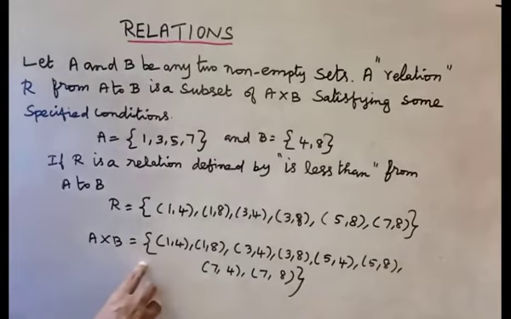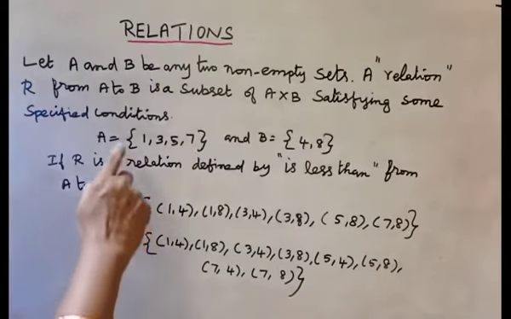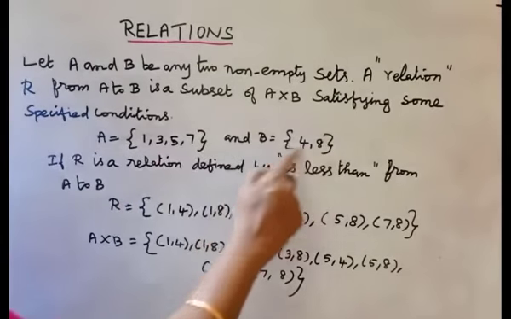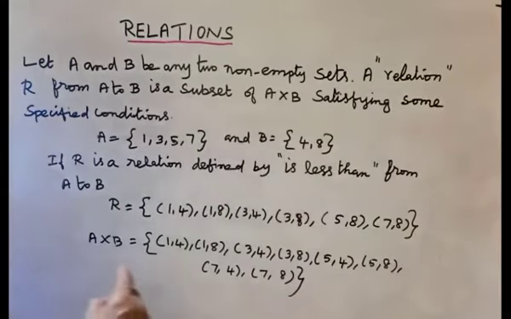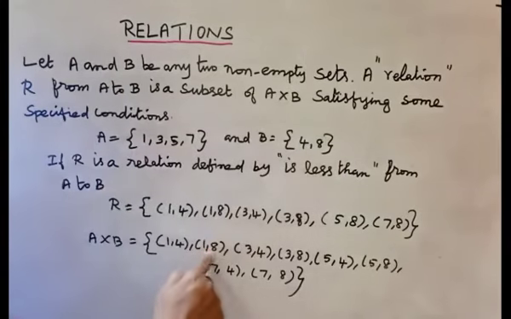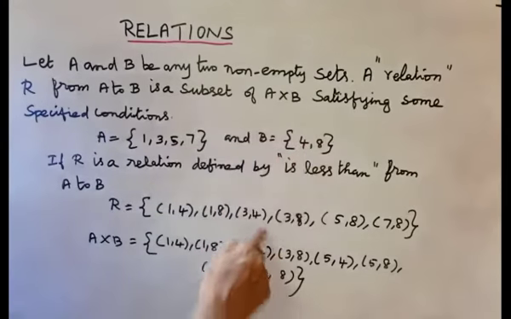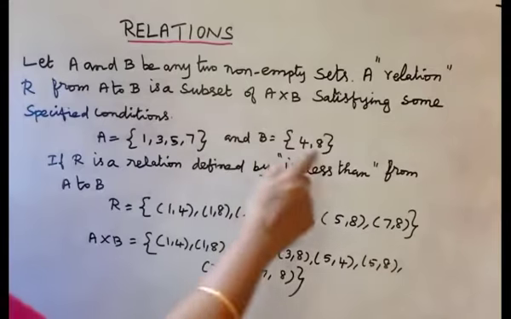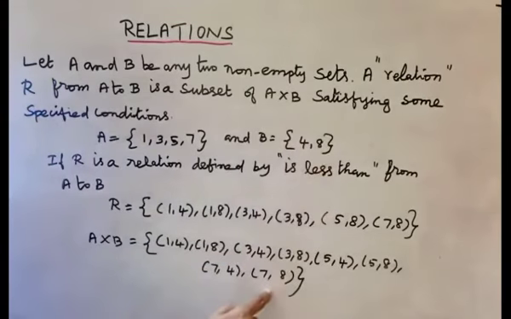A cross B, you find it. How do you find it? First all the elements in A with all elements in B. So you write (1, 4), (1, 8). Next (3, 4), (3, 8). Next (5, 4), (5, 8). (7, 4), (7, 8).